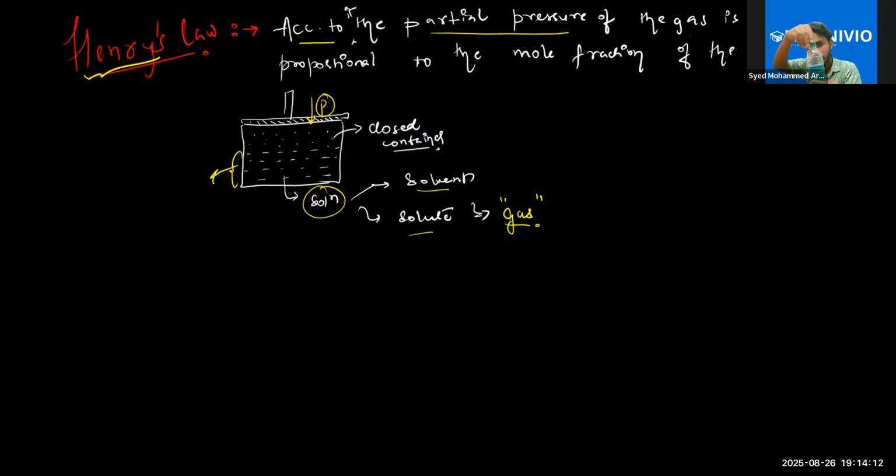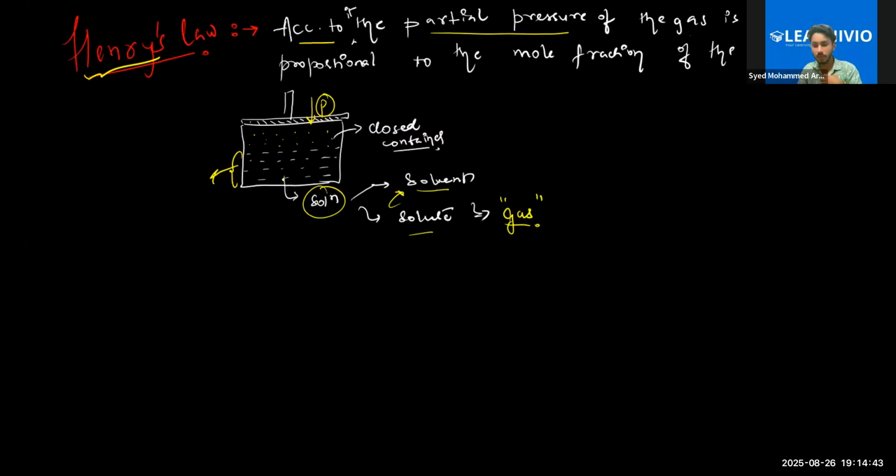But if I close this cap and close the container, the gas which is there is pressurized. And if the gas is pressurized, that means some amount of particles is going to be dissolved in that solution. So the particles of the solute are going to be dissolved in a solvent, and this dissolution makes this complete apparatus a solution.